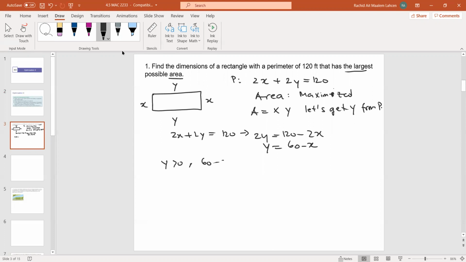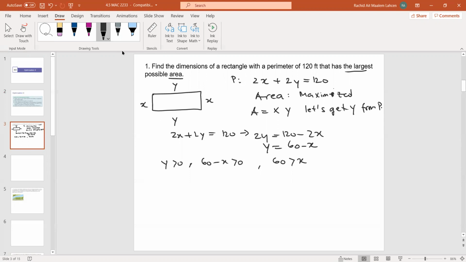So 60 minus x has to be positive, so x has to be less than 60 for sure. If you run into different solutions and you need to pick, you will pick a number that is less than 60. This is just to show how you think about the conditions.